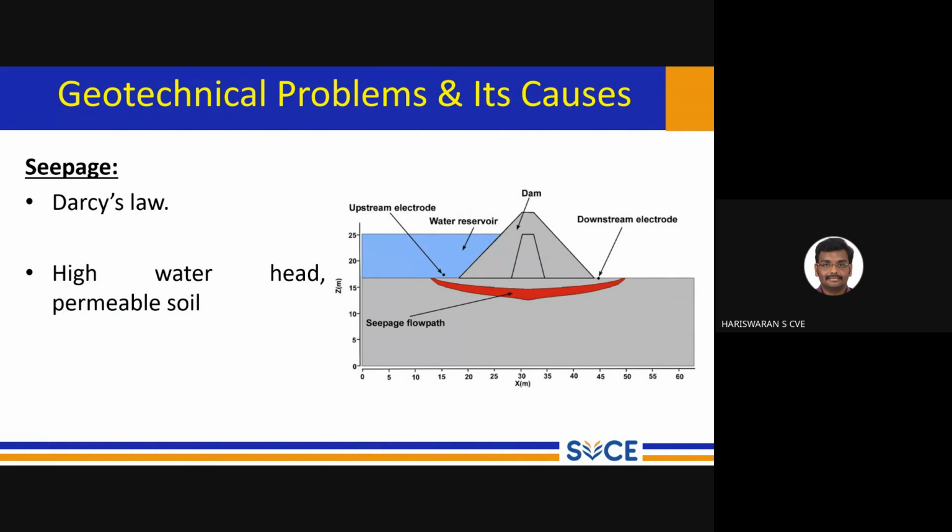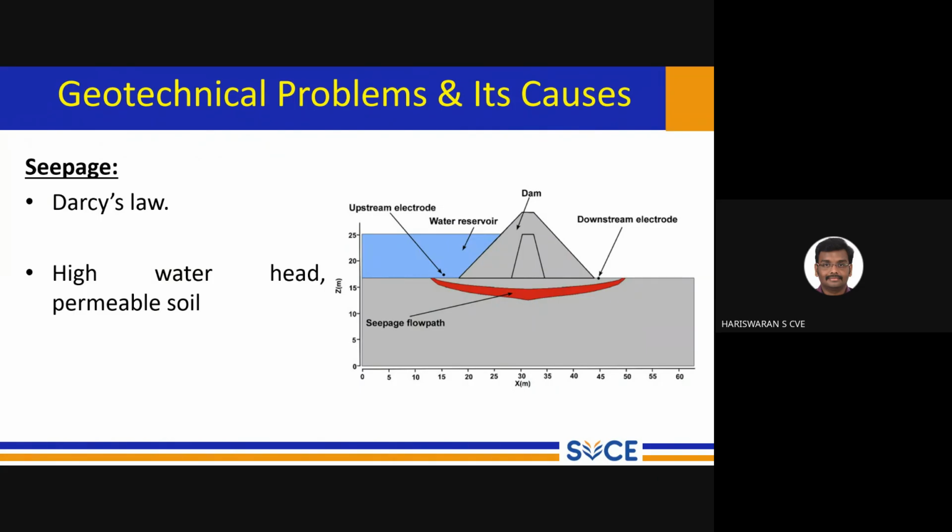This type of seepage occurs when water is retained behind dams. Water always tries to escape. It is always under some pressure, and it always finds a path to escape. Such movement we call seepage.